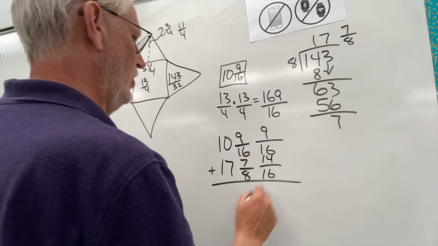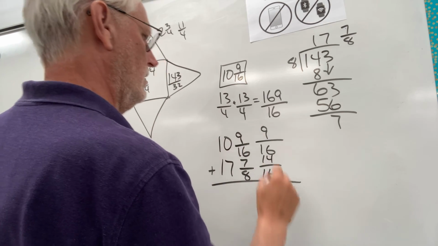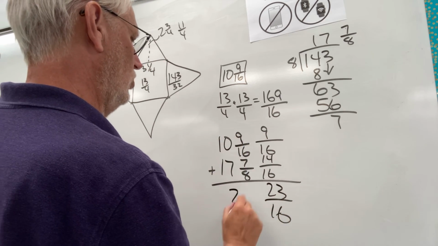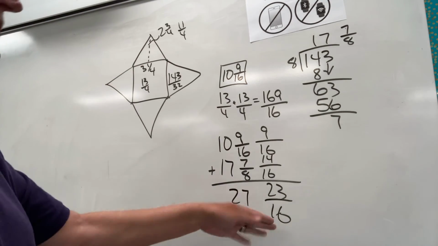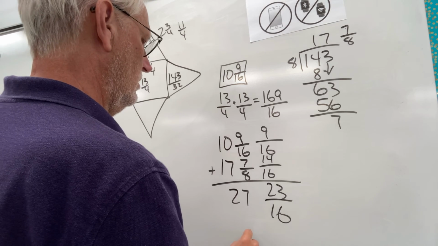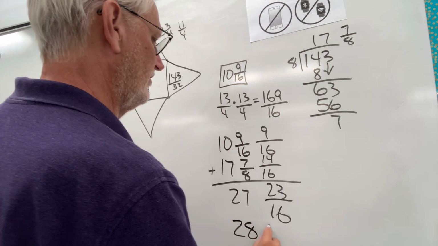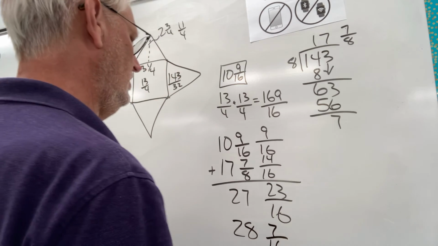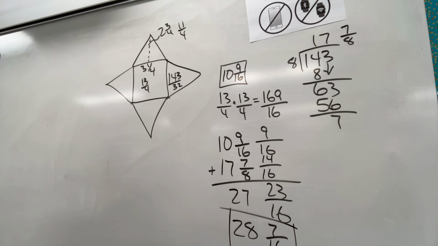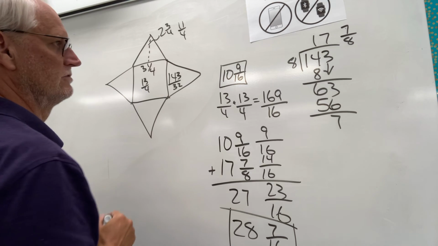So then I end up with 23 over 16 and 27. So 27 and 23 over 16. So this is going to become 1 and so that's going to become 28 and 7 over 16. And that is the answer: 28 and 7 over 16 is the surface area of all of this.